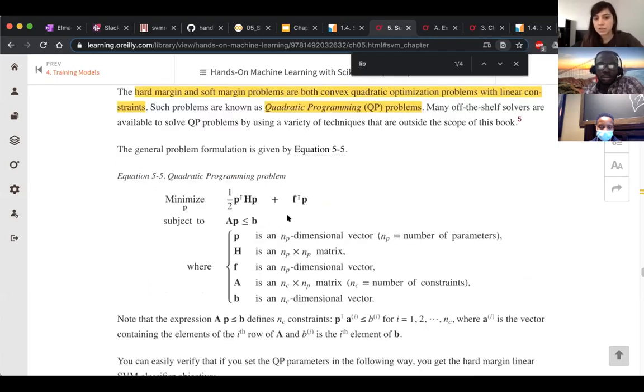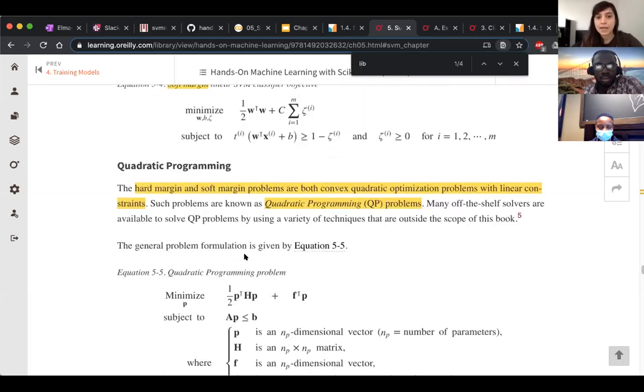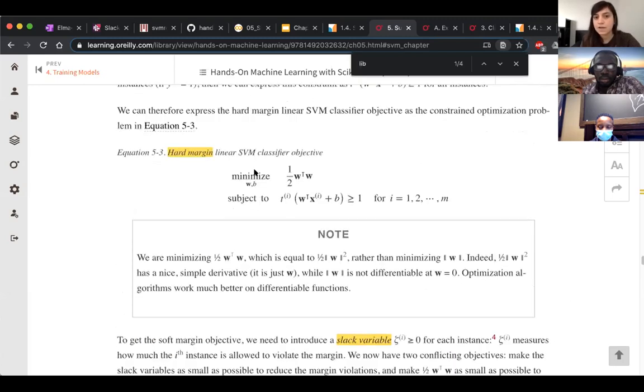So these are general terms, and we can modify them in such a way that we can include our soft margin definition, slacks and all of that, or just my good old rigid margins, like over here.